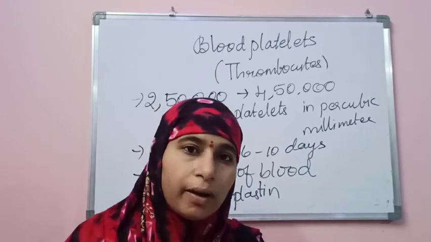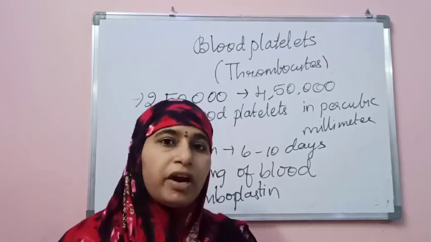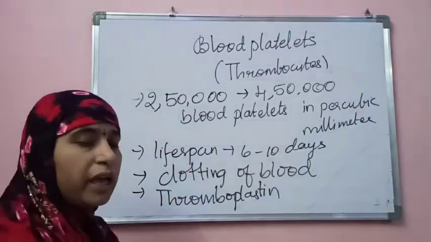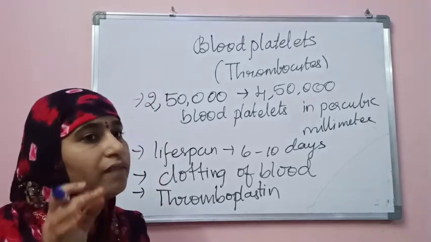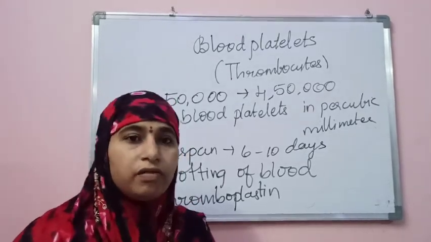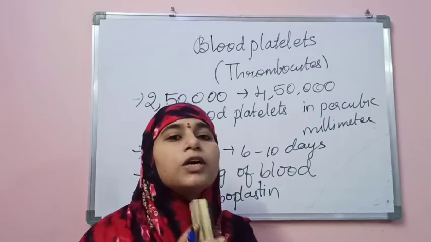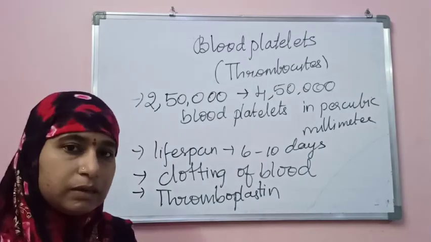They are formed from the megakaryocyte in the bone marrow by the process of fragmentation, nothing but cleaving of the cells. And the main function of the blood platelets is clotting of the blood. Why are they helpful in clotting? They have a particular protein called thromboplastin. It helps in the clotting of the blood. This is about the third type of blood cells, that is blood platelets.